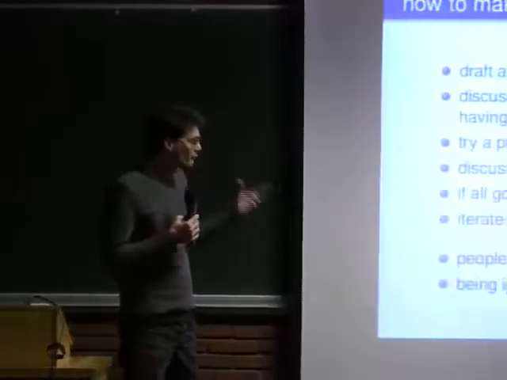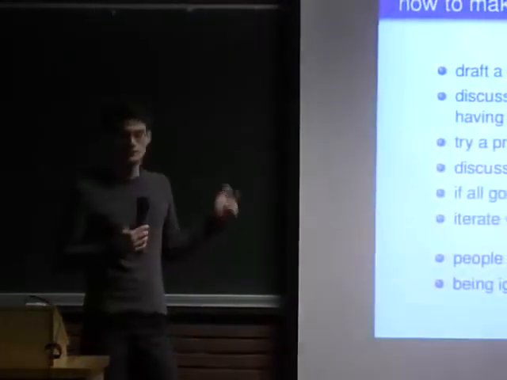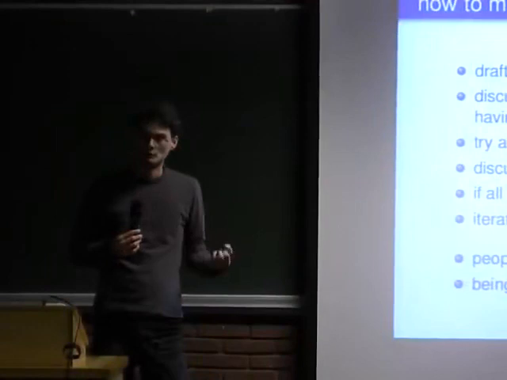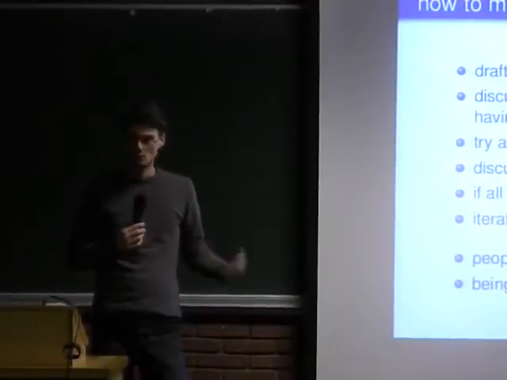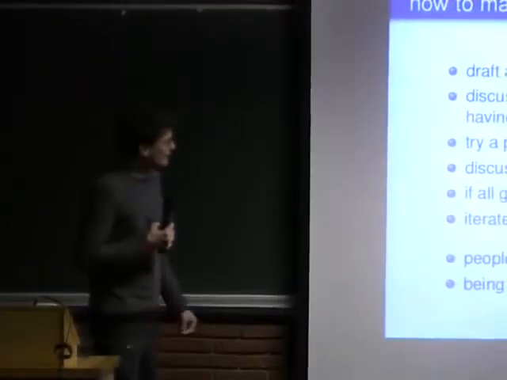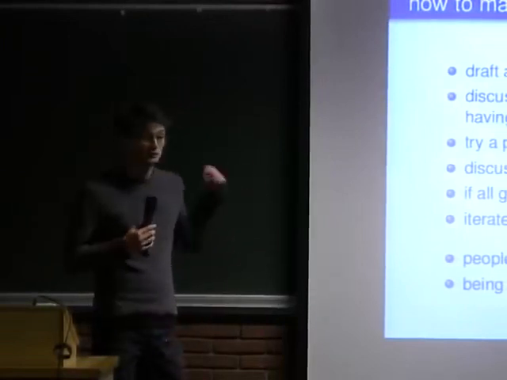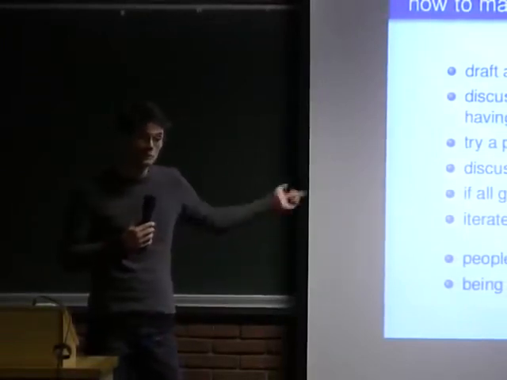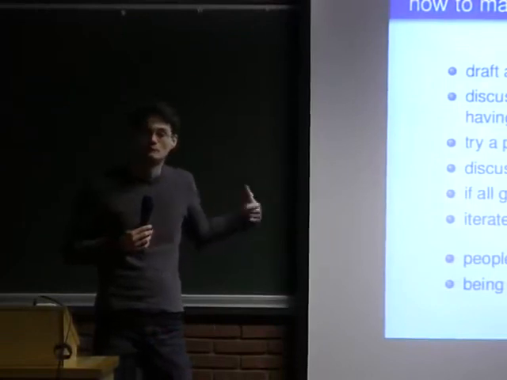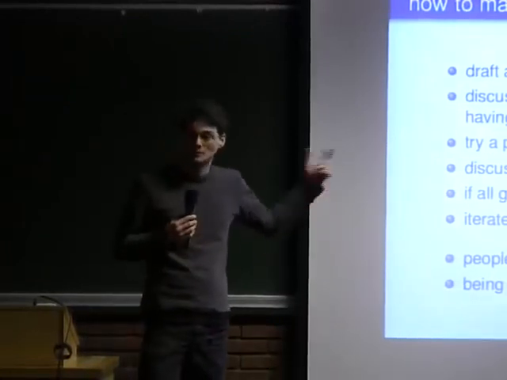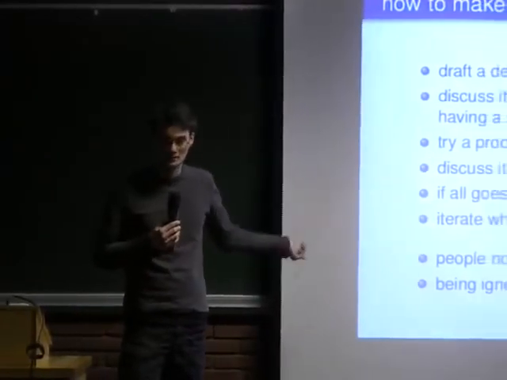So do a proof of concept implementation, not a full-scale implementation, just to verify the basic assumptions. And it's important not to do a full implementation, because if you do, then you will be invested in this idea. You will be too attached to be open to criticism.